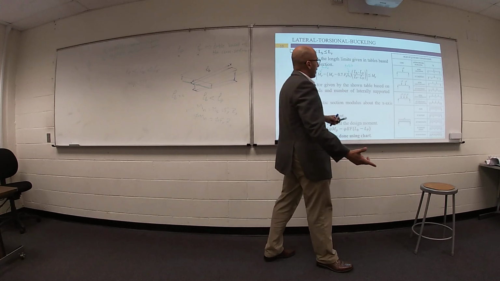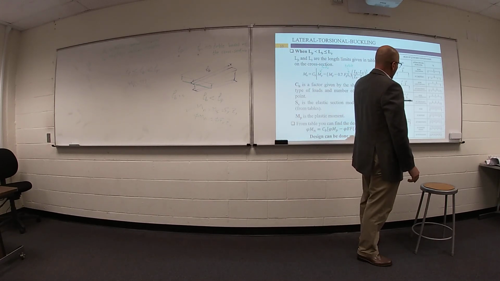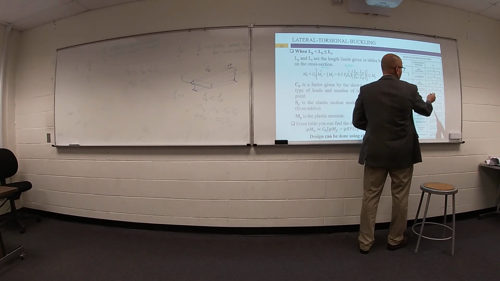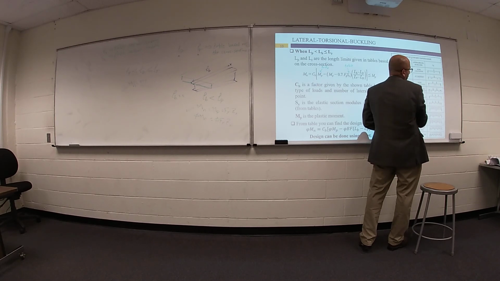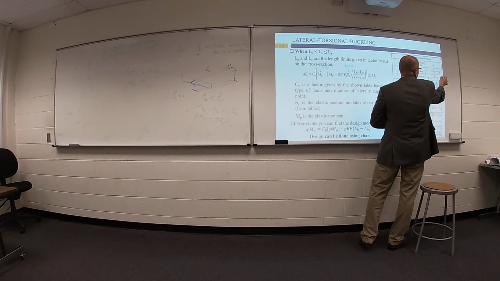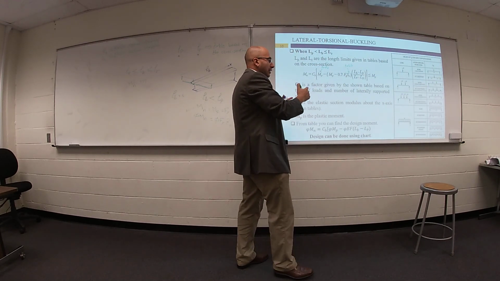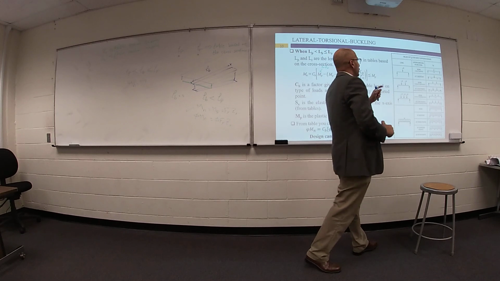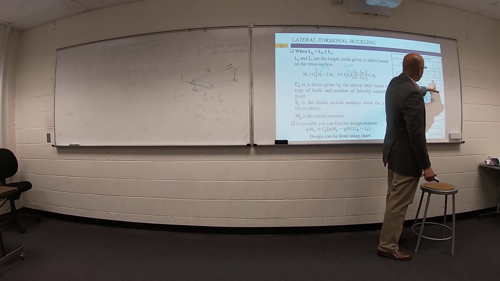CB is a factor based on what type of loading you have and how many points you are supporting your compression flange, maybe at the beginning and the end of the beam only, maybe at the beginning, at the end, at intermediate points. So how many supports for the compression flange, what type of loading, you can figure out what is the value of your CB.